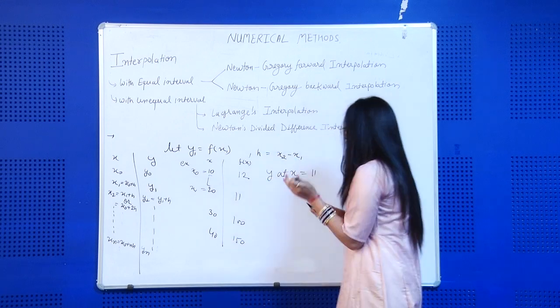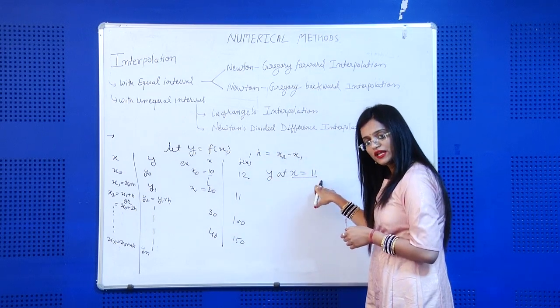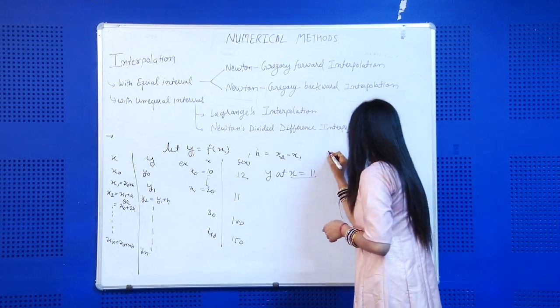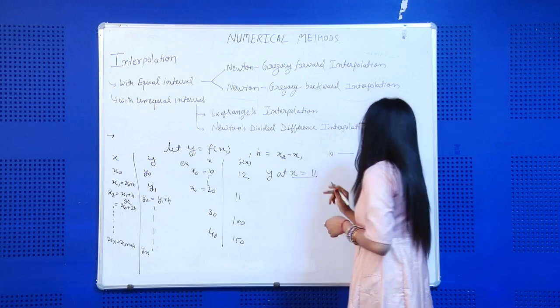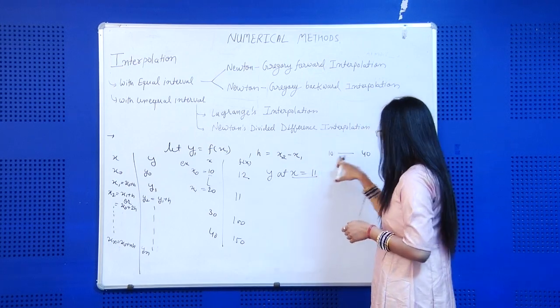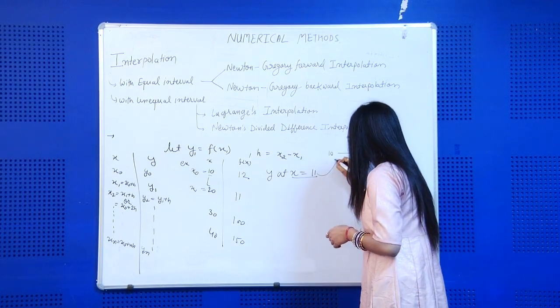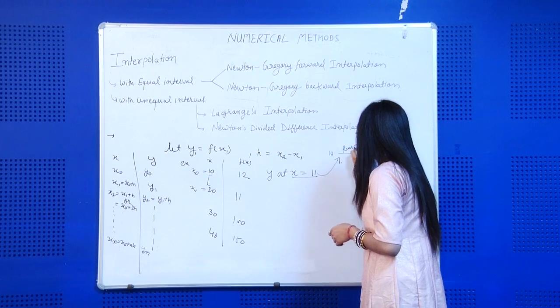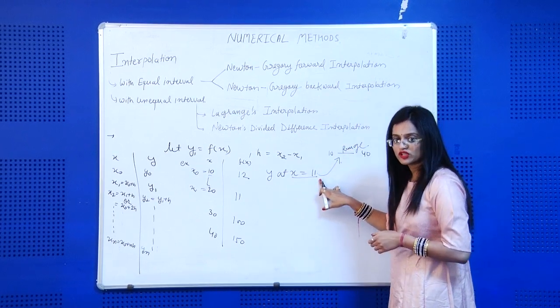That means if I have a value of x equals 11 and my given range starts from 10 to 40, then I have to check that the given value of x lies within the range. If my given value of x lies within the range, then this technique is known as interpolation.